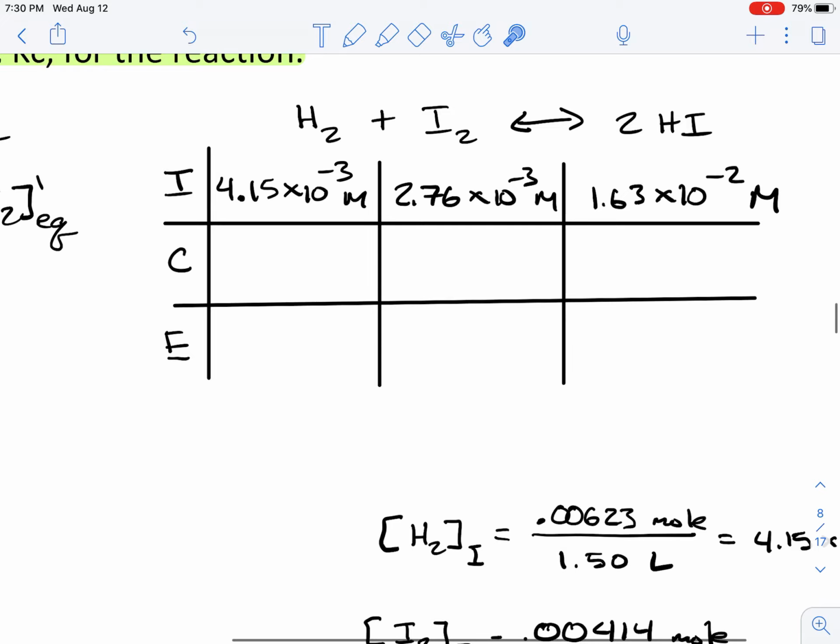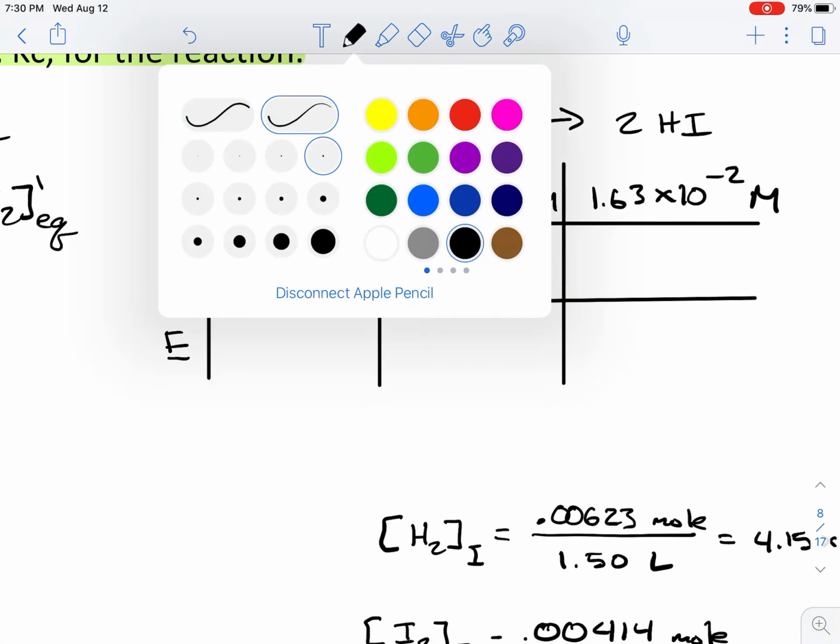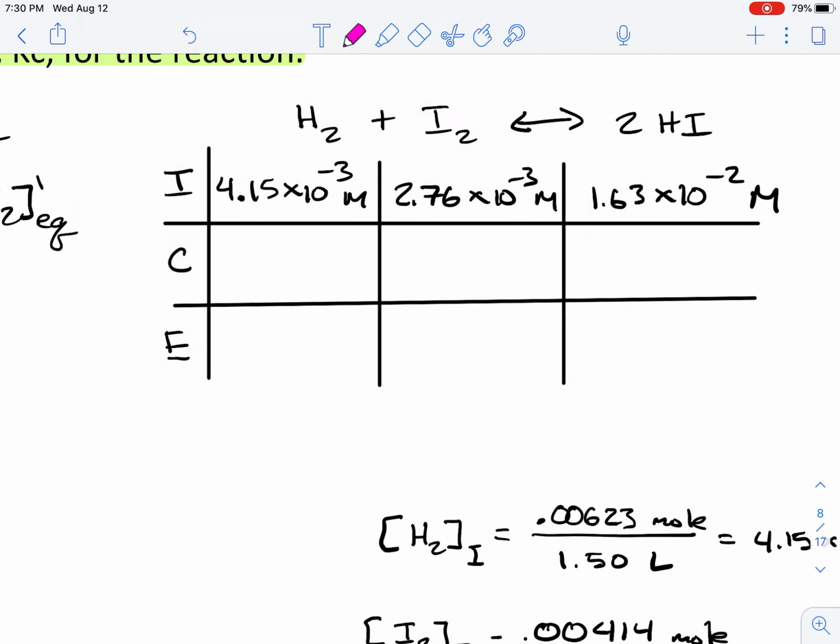And so for this chemical reaction, it looks like the reverse reaction will occur. So there's going to be a net shift in the reverse direction just because we have more of the product than the reactant. So we have less of the reactants.